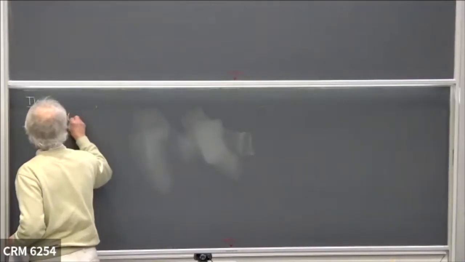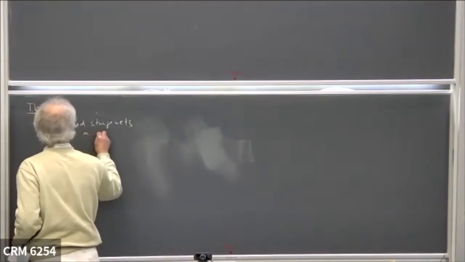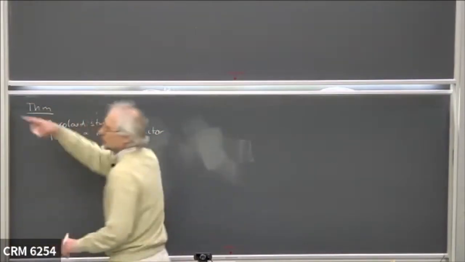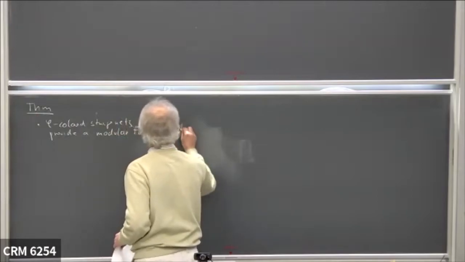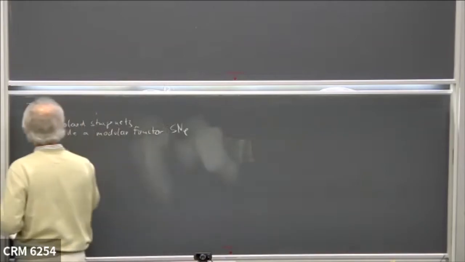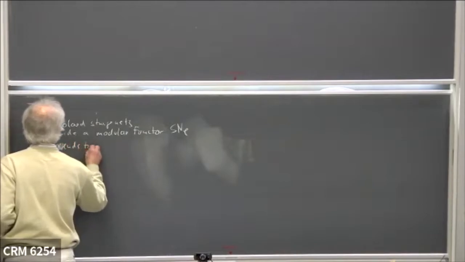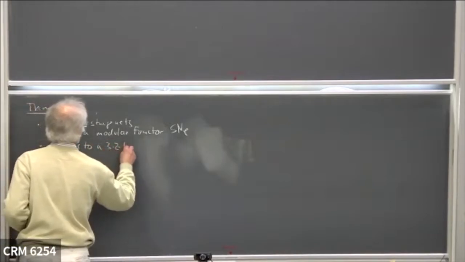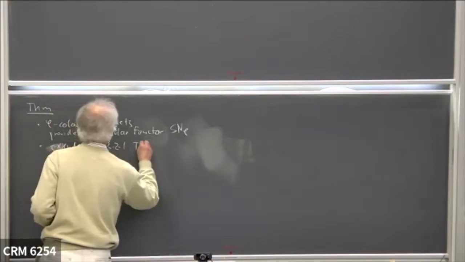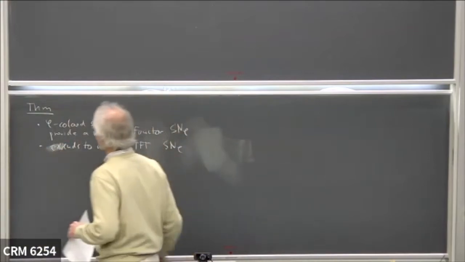First, let me call these C-colored string nets provide a modular functor of this type. Let me call it SN with an index C. Moreover, this extends to a 3-2-1 topological field theory, which again I call SN_C.